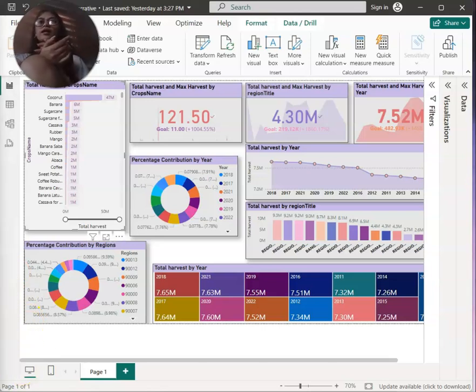Next one is the donut chart, the percentage contribution by year. This chart represents the percentage of each year to the total harvest. This helps understand how much each year has contributed to the overall agricultural output. It is interesting to see that the recent years have been more dominant than earlier years.